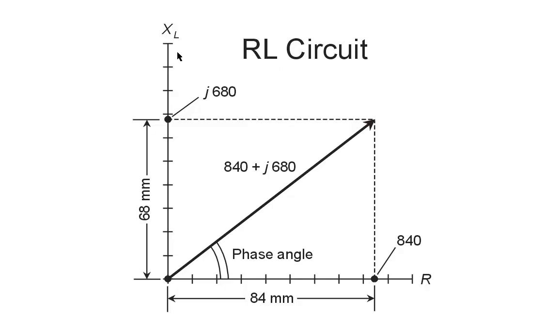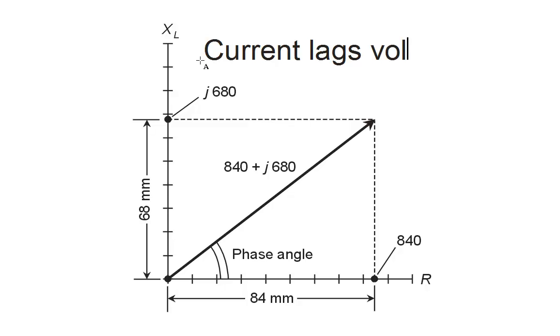In the previous question, we learned how the phase angle, that is, the extent to which the current lags the voltage. Remember, in a circuit with inductance and resistance in series, the current lags the voltage.